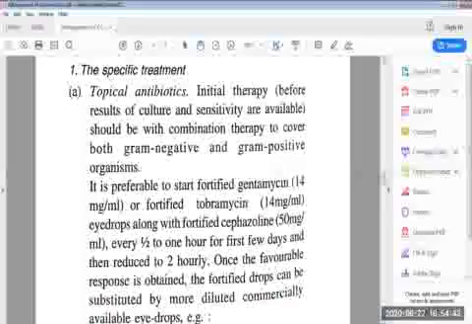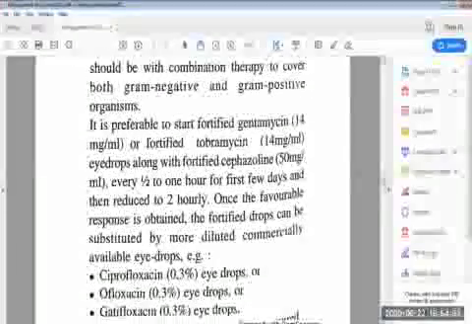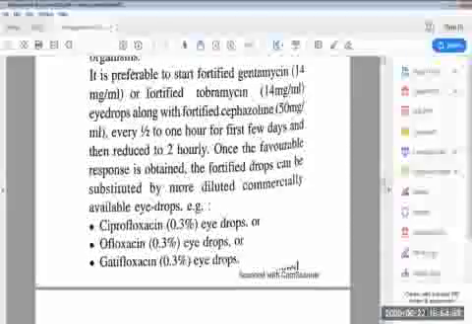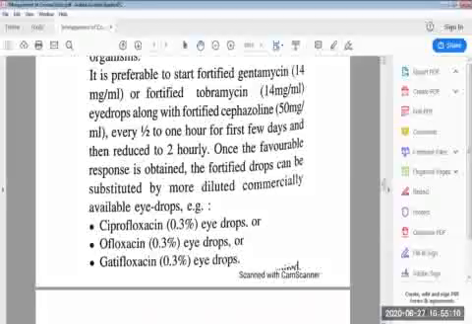So we should start the initial therapy with broad spectrum antibiotics, which cover both gram-negative and gram-positive organisms. It is preferable to start fortified gentamicin 14 mg per ml or fortified tobramycin 14 mg per ml eye drops along with fortified cefazolin 50 mg per ml every half to 1 hour for the first few days and then reduce to 2 hourly.